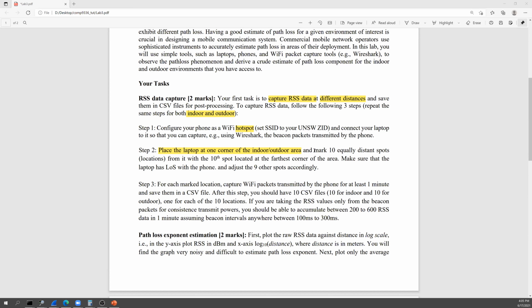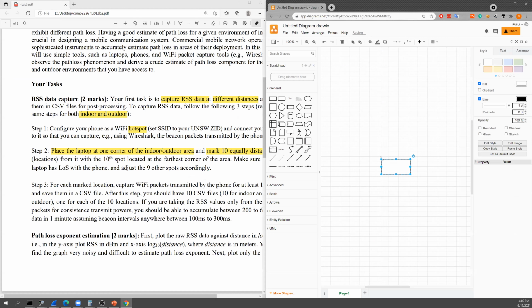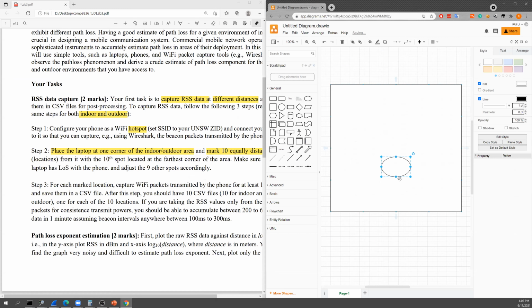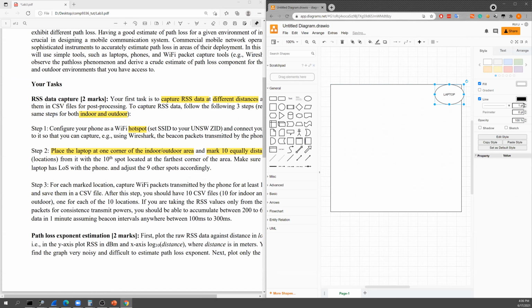You can see we need to mark 10 equally distant spots in our room, right? So I assume this is our room, for example. And then we can put our laptop here at the corner, right?